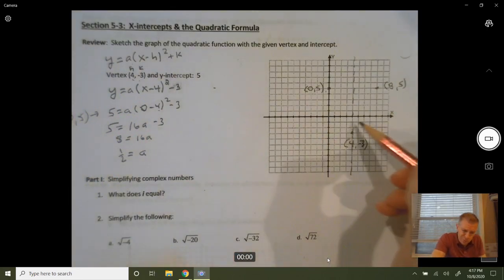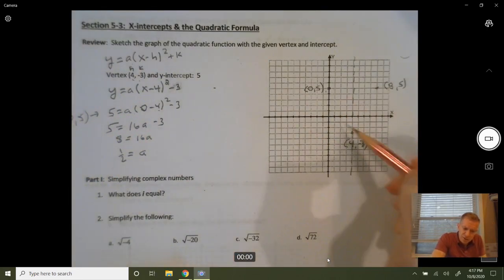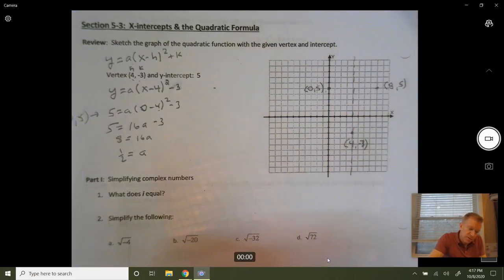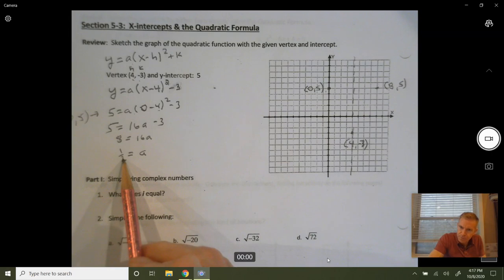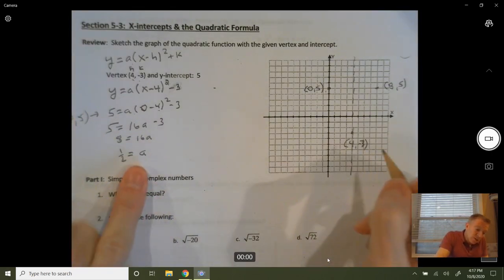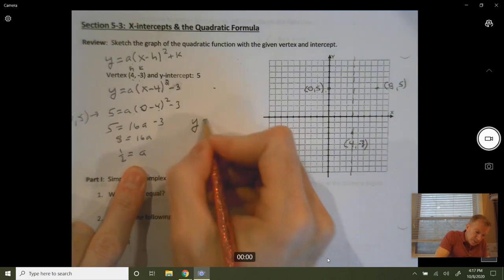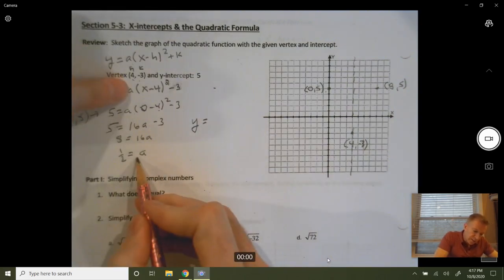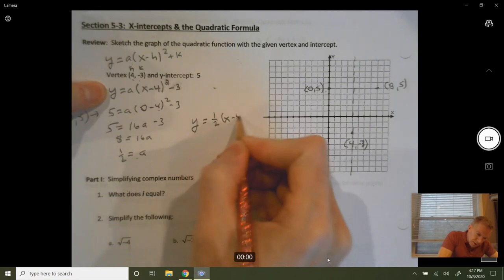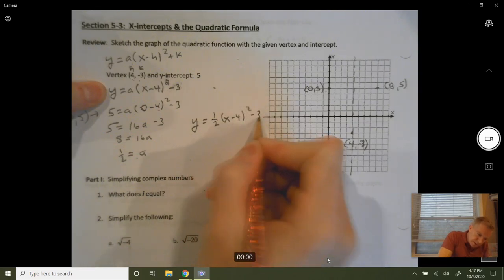I was looking at the way that this opens, and it looks like it's opening a little wider than usual. It'll open wider than usual if the magnitude of your a value is less than 1. So my equation is y equals 1/2 times (x minus 4) squared minus 3.